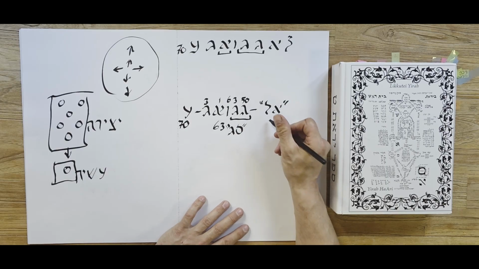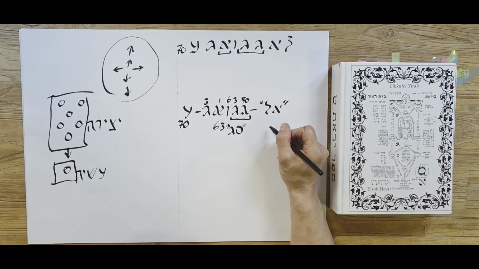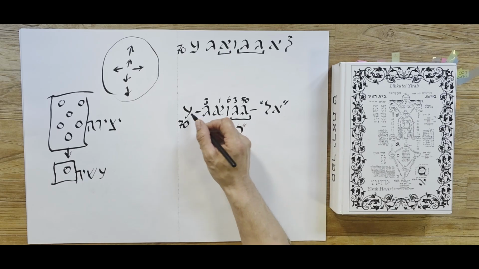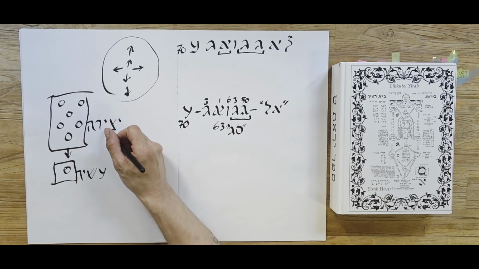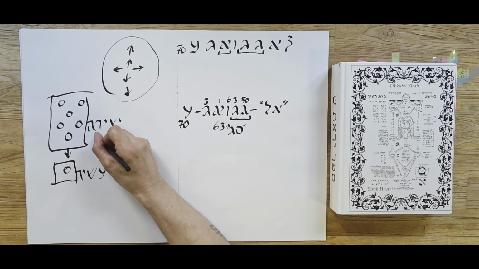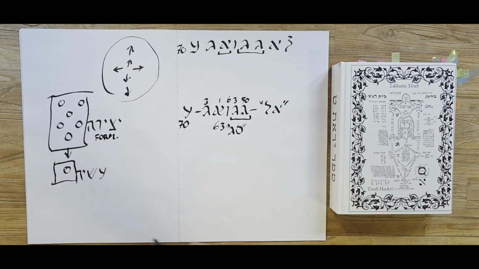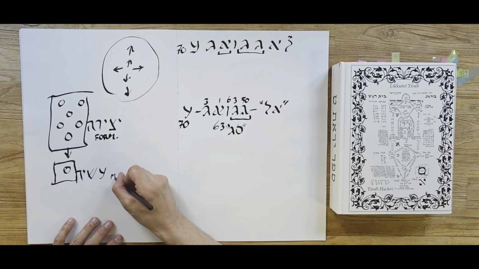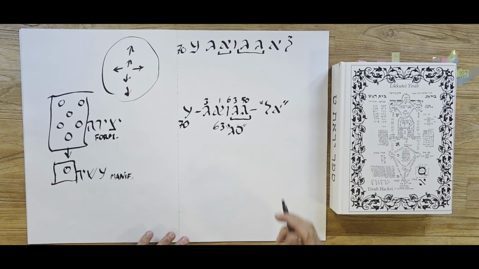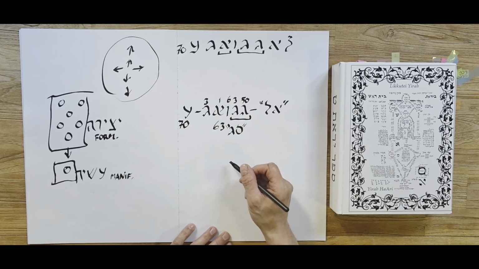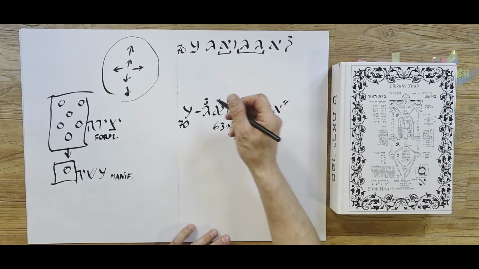Okay, and then here you could say Atzilut, right? Yetzirah is formation, which are these. This is Yetzirah. Here's formation. Form. This is manifestation, action. Manifest, right? And in Beria, Bina is creation.